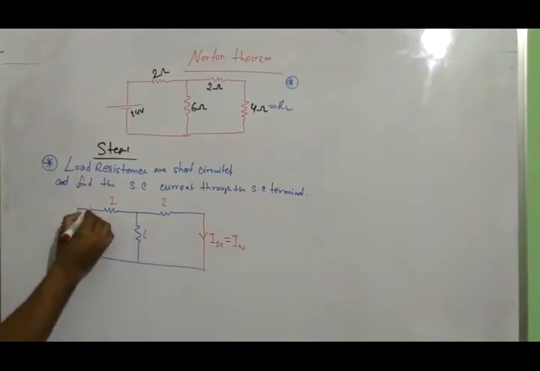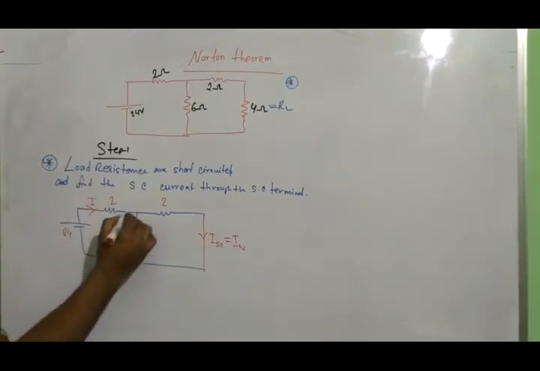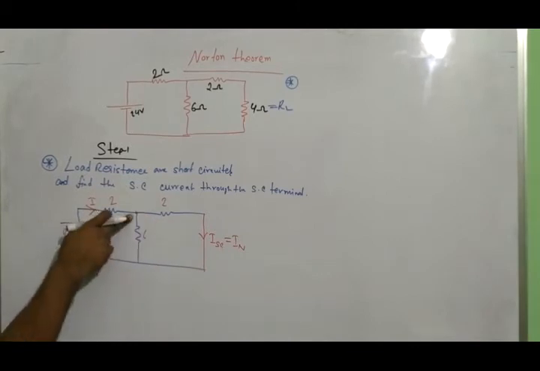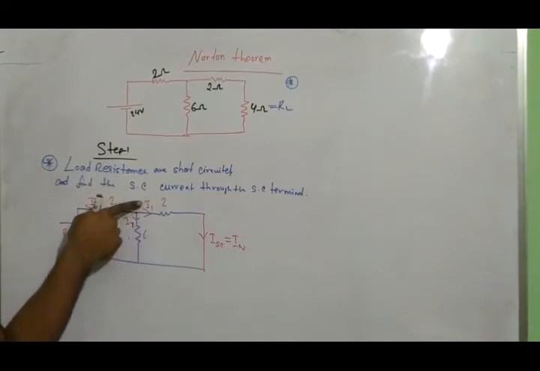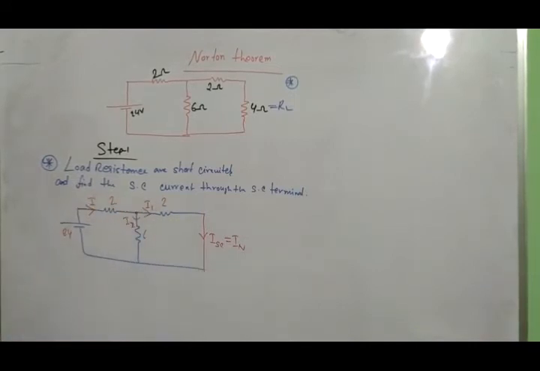When I am giving the current direction, this is our I current, and when the current is coming to this point, the current divides into 2 parts, I1 and I2. But I am seeing that I1 equals IN or ISC. So IN, this is a branch current, equals I1 also, both are the same.